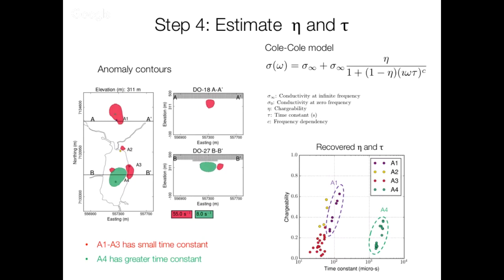If you go to A2, this one down here didn't show up very much on the plots, but it's there. A2 is the yellow here. A3 is the red, so it's down here. These all have fairly small time constants and a range of chargeabilities. If we come to the green object here, which is the main part of DO27, we see they all lie out here.